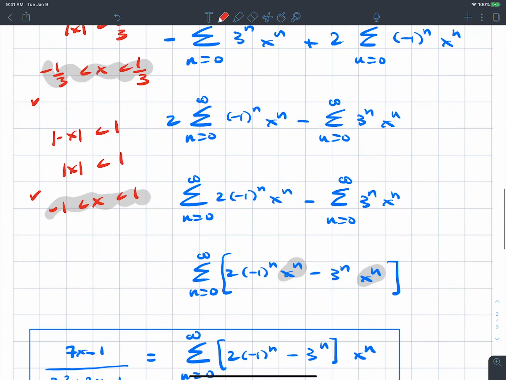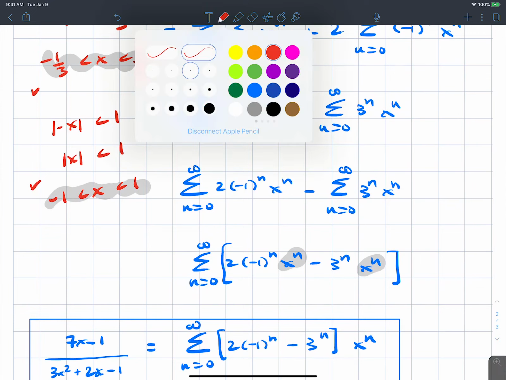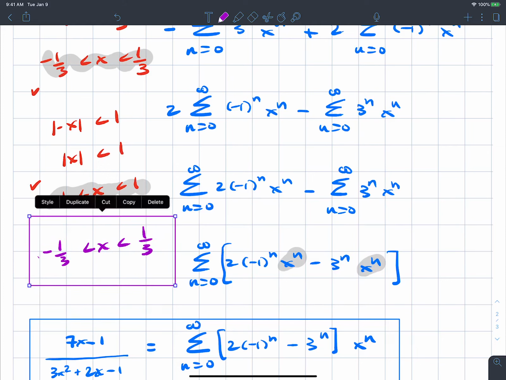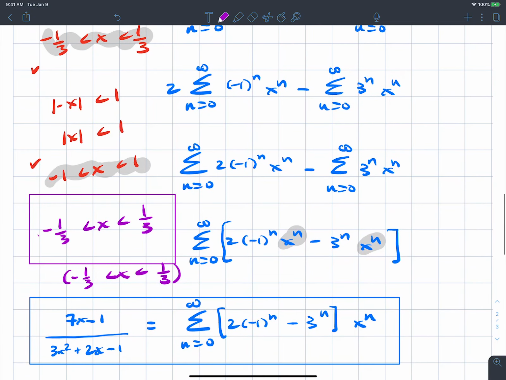So the intersection is negative 1/3 less than x less than 1/3. So here's our interval of convergence. In interval notation, it's negative 1/3 to positive 1/3. And again, we need this to satisfy both criteria, which is why we look for the intersection.